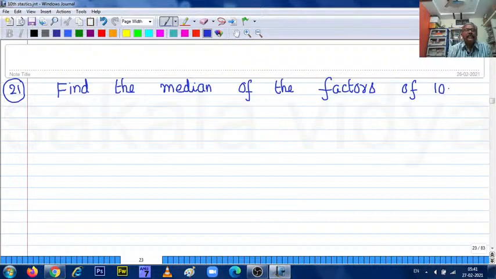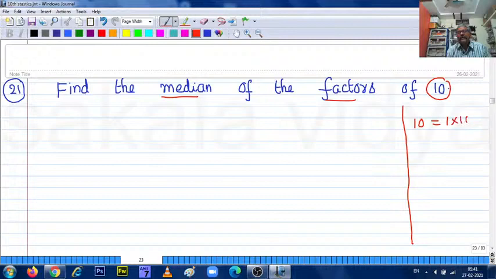So in order to find the median of the factors of 10, first we need to find the factors of 10. Factors of 10 means 1 multiplied by 10, 2 multiplied by 5. What are the factors of 10? You can write 1, 2, 5, 10. We can write it in set form also.